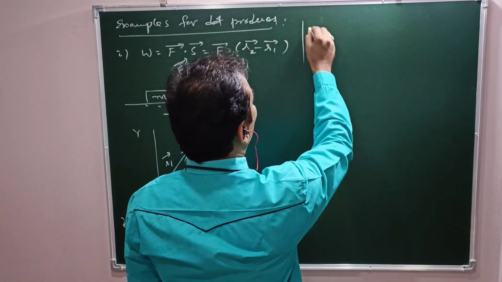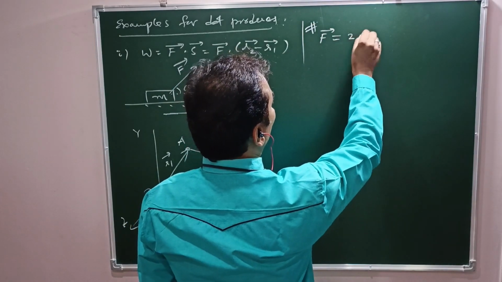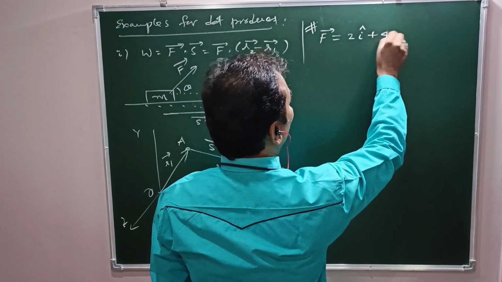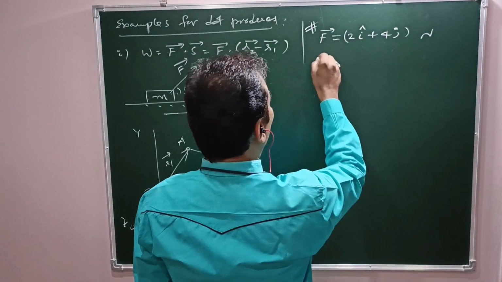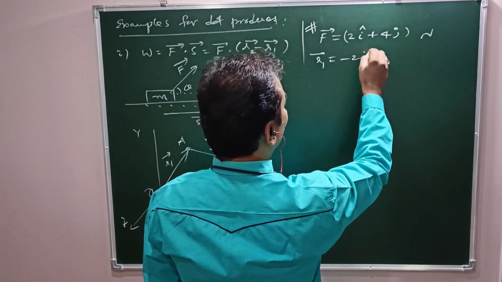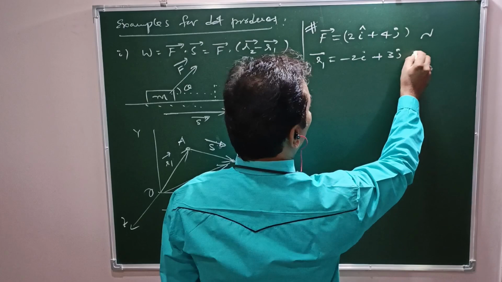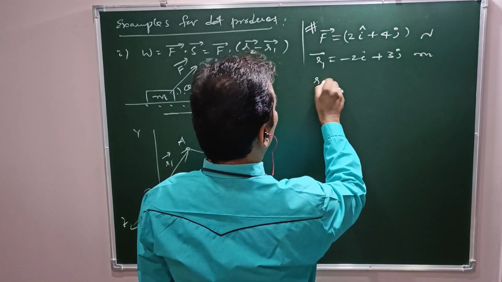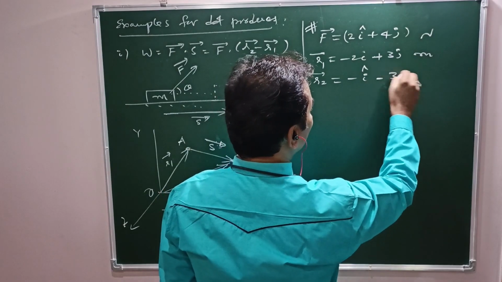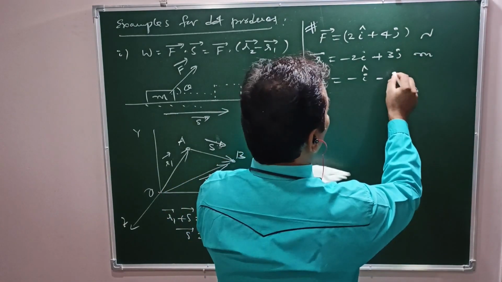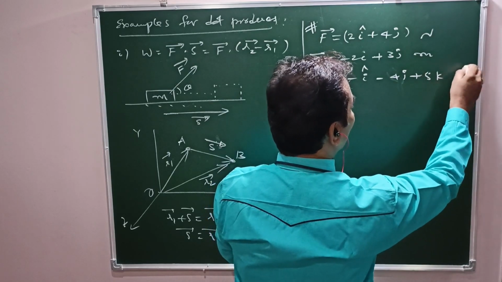Suppose F bar equals 2i plus 4j newtons, R1 bar equals minus 2i plus 3j meters, R2 bar equals minus i minus 4j plus 5k meters, as an example.